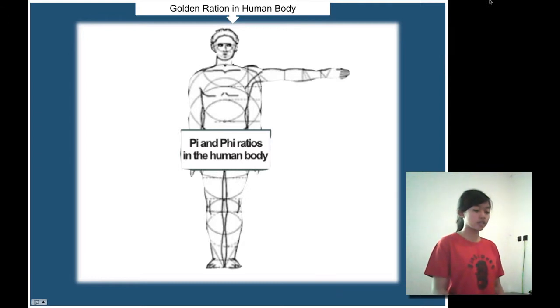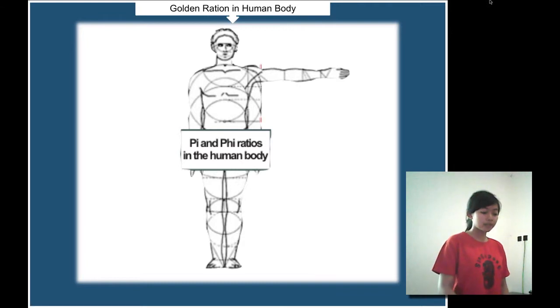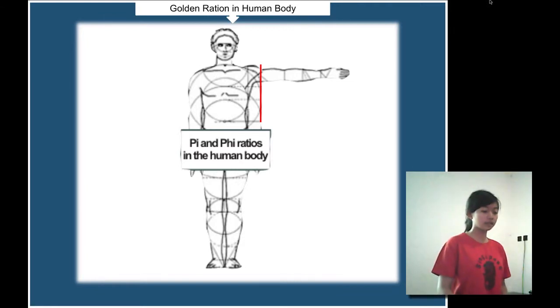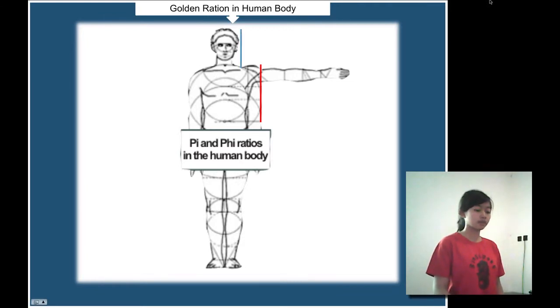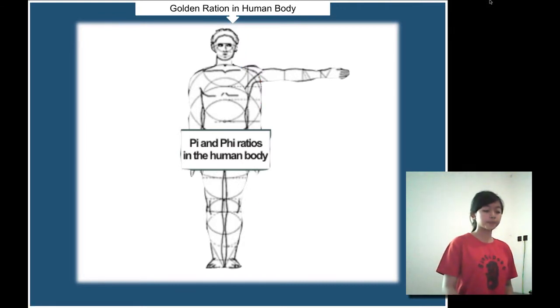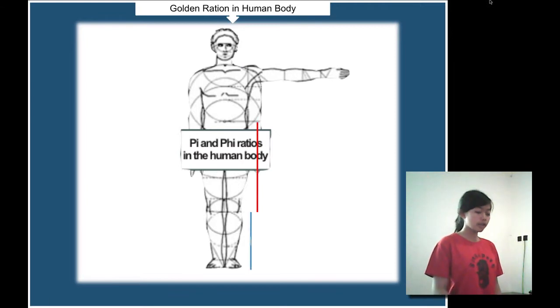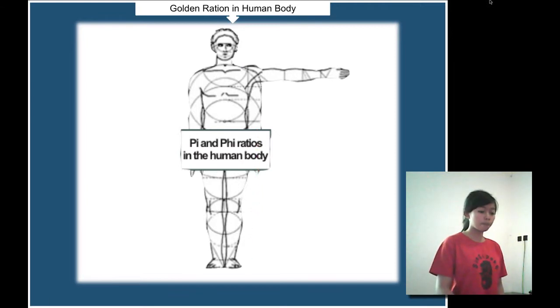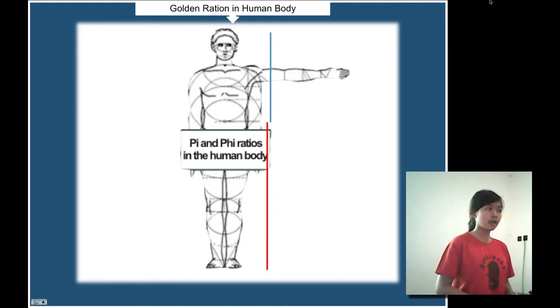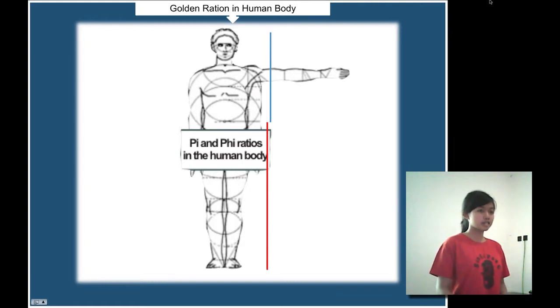The golden proportions in the human body are the distance between the shoulder and the navel compared with the distance between the head and the shoulder, the distance between the navel and the knee compared with the distance between the knee and the end of the foot, the distance between the navel and the end of the foot compared with the distance between the head and the navel, and many more. All of them have the same value, 1.618.